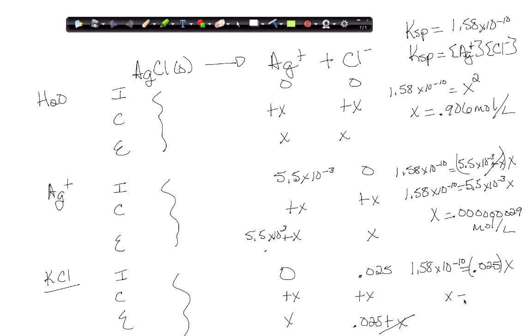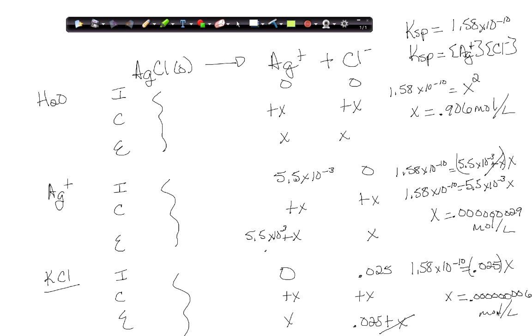So now solve for x, and you should get 0.000000006 moles per liter. And again, if I have something present, like if I have this much present, it makes the molar solubility go down.